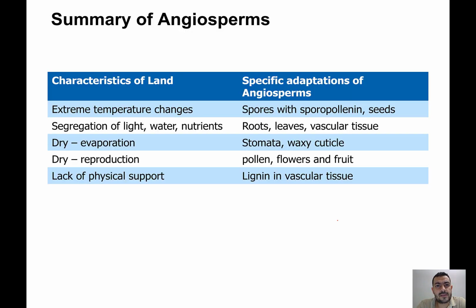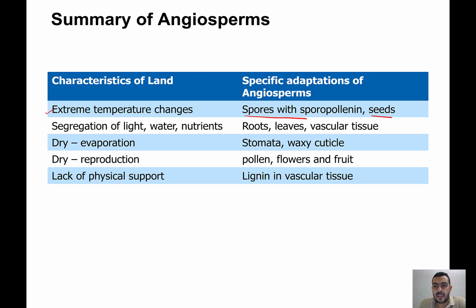So to summarize the characteristics of angiosperms and how they managed to live on the land and how they overcame the specific difficulties. So the first one is dealing with extreme temperature changes. As we discussed before, we have spores with sporopollenin, and in addition to that we have the seeds.